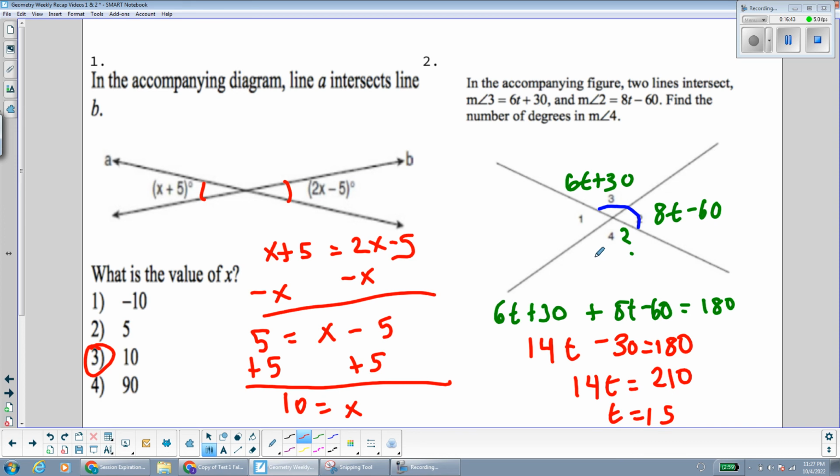The question wanted the degree measure of angle 4. I know angle 4 and angle 3 are vertical angles, so I know that they're congruent to each other. If I take my t value and plug in for angle 3, since angle 3 and angle 4 are congruent, that will give me the measurement of angle 4. That looks a little weird. Let me rewrite that.